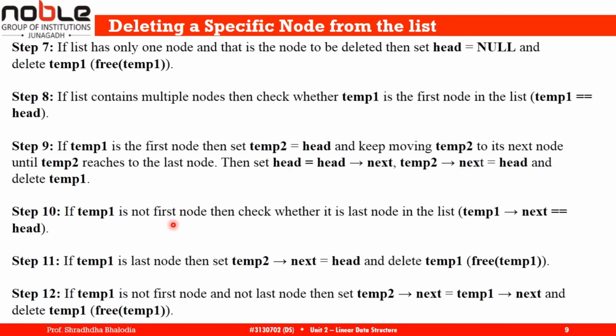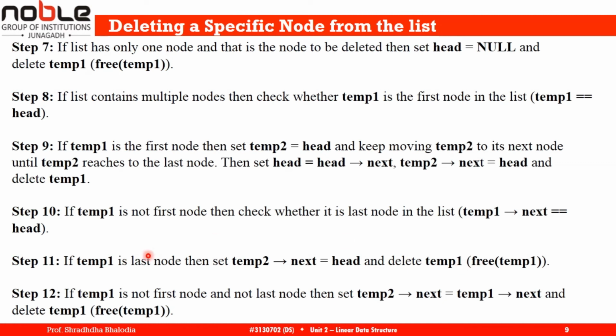If temporary 1 is not the first node, then check whether it is the last node in the list. If temporary 1's next is equal to head, then we can say this is the last node in the list. If temporary 1 is the last node, then set temporary 2's next equal to head and delete temporary 1.